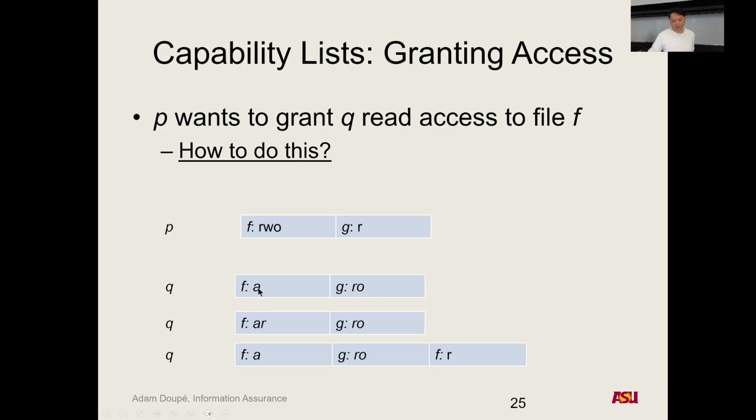That means it can accept the additional right. So P sends, propagates this R access to Q. So in this step, Q has A and R for object F. Eventually, Q can exercise the R against F. So this is an example of granting access from P to Q against the object file F.